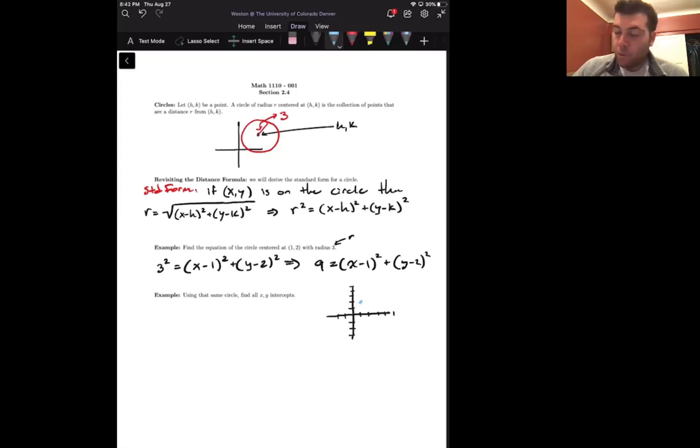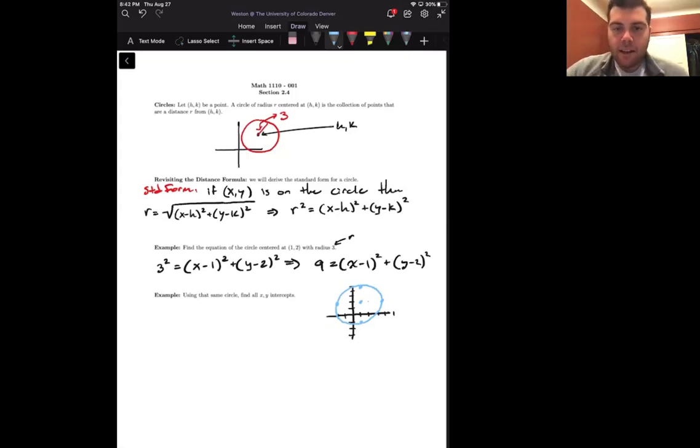So the 4 easiest points are moving 3 units up, 3 units down, 3 units to the right, and 3 units to the left. And then we just draw in a circle that connects. And that's it.